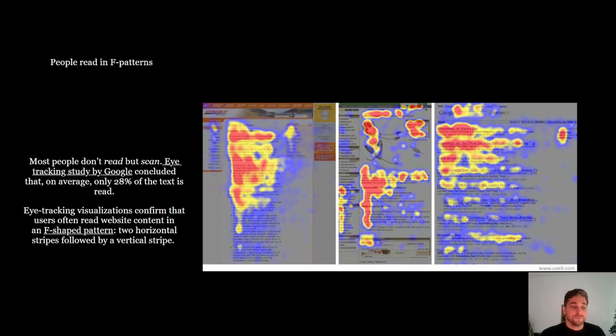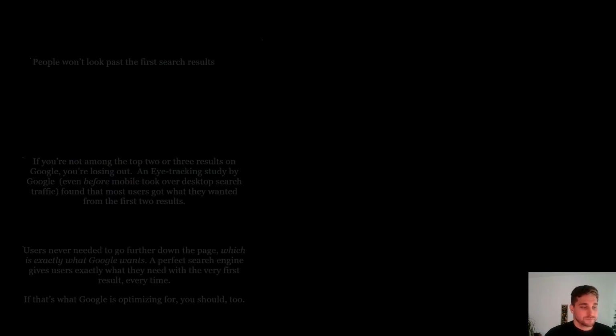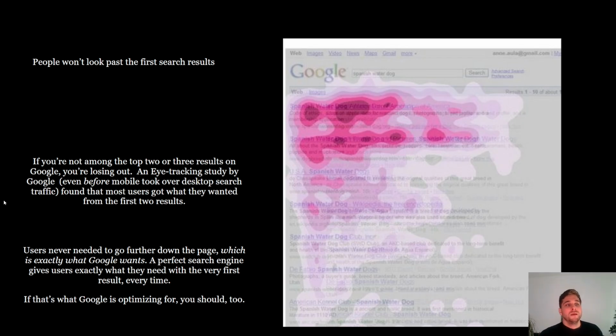This is where they're going to get the most attention. The next thing: people won't look past the first search result. That's also related to the Google research, and it confirms that you need to put the most important information in just the first two or three results. Otherwise, it's going to be lost, and it's not going to be spotted by the client.